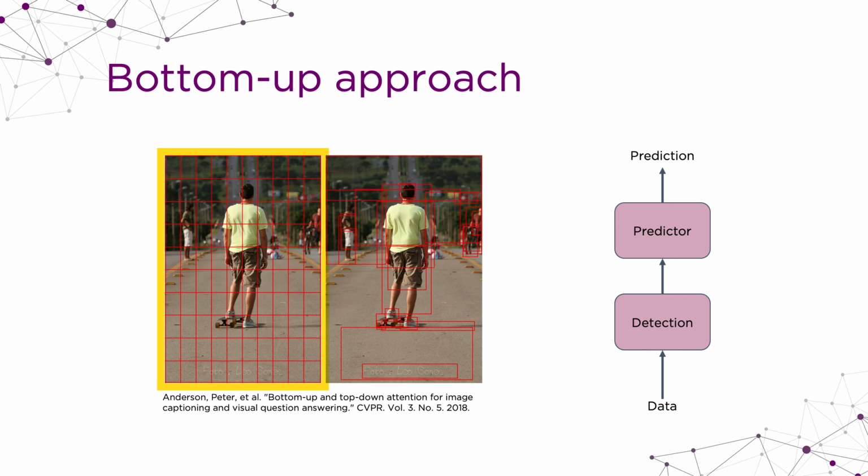So one way to do it is to maybe segment this image into tiny patches on a regular grid and give it to the model one patch after the other. And we hope that the model will combine all the information from these tiny patches to find the skateboard, the person, and to forget about all the information around the element of interest.